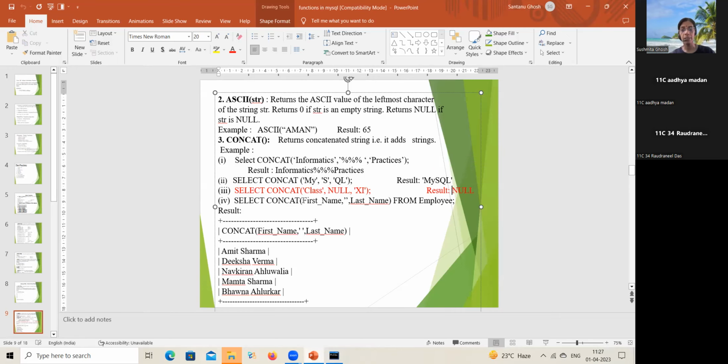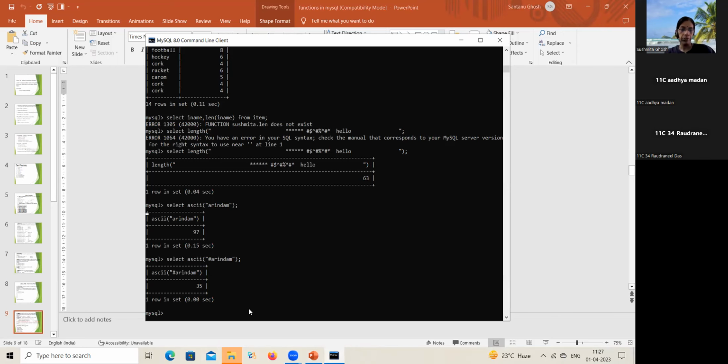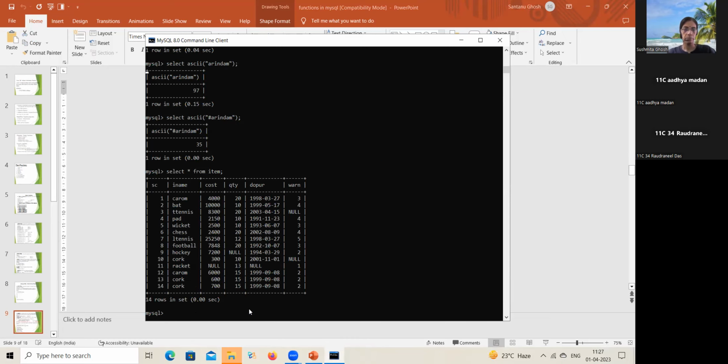I can join a field value with another field value with some text of my own also. Let us try this. If I go by the item table I'm talking about here every time, suppose I want to display Carom's cost is whatever the cost value.